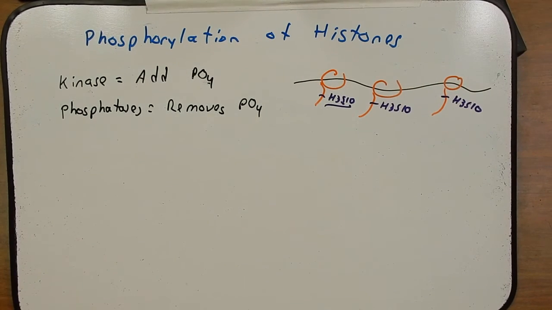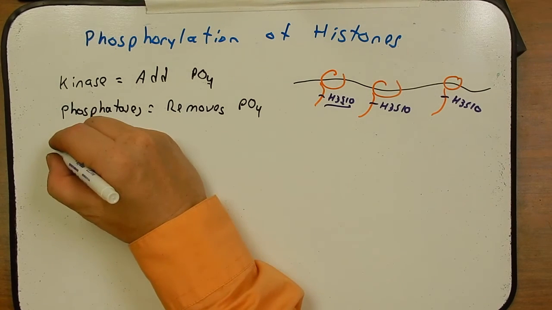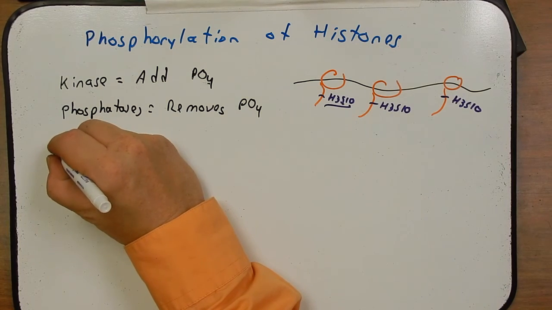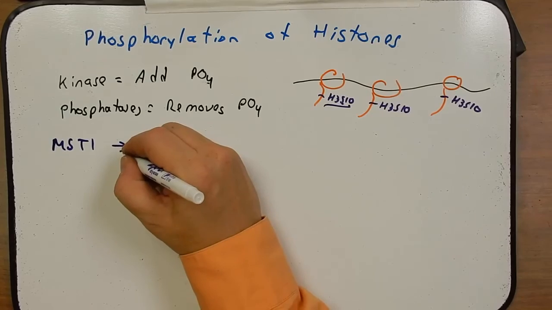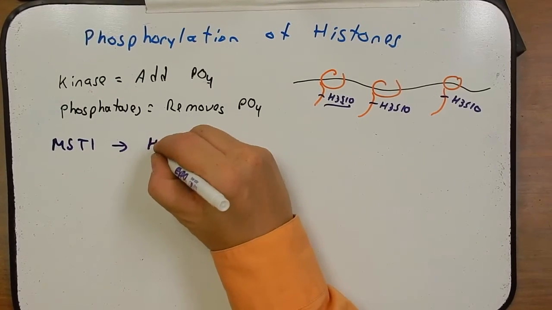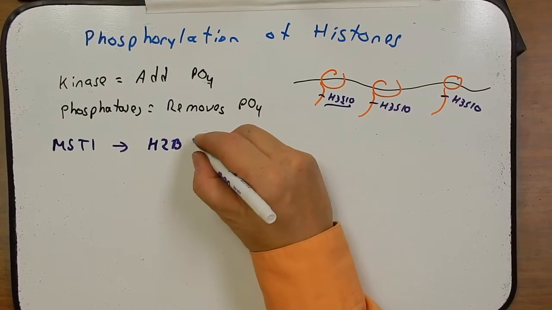Now I want to mention one more kinase, and this is a kinase that is not linked to H3S10, but it is linked to something I mentioned during our last couple podcasts, so I want to come back to it. And this is called MST1, and it's involved in phosphorylating H2B-S14.